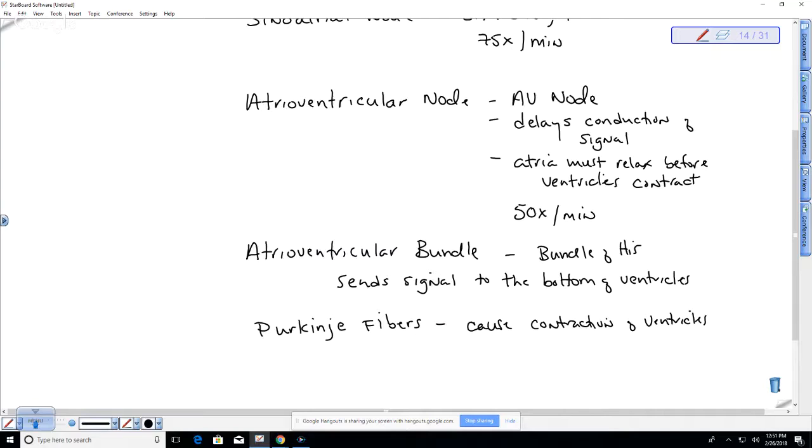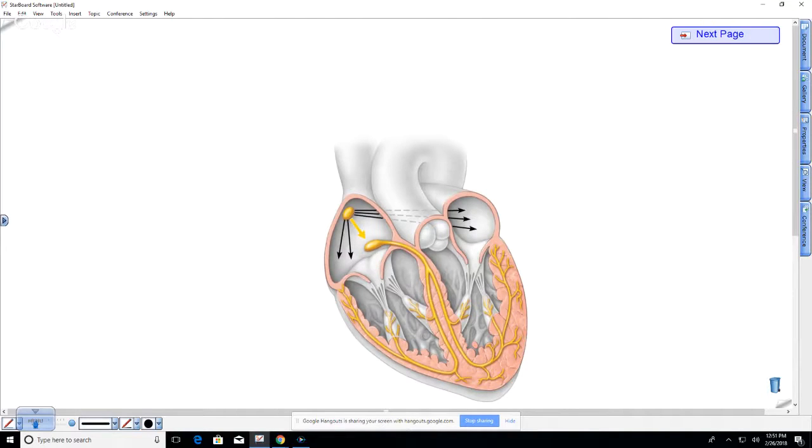Okay, so in the diagram that I just gave you, what do you think this is right here? This is the pacemaker, so that would be the SA node. This one right here is the AV node.